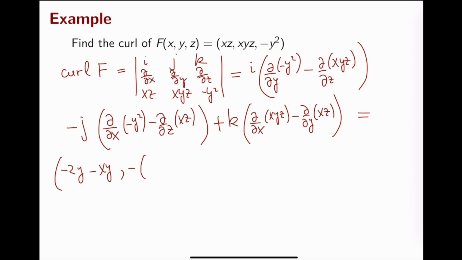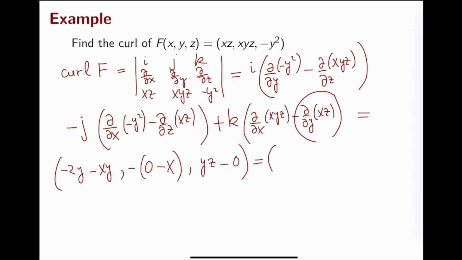The derivative of minus y squared now with respect to x is 0, right? Because y squared is constant with respect to x. Minus the derivative with respect to z of xz is going to be just x. Comma, the third component is this derivative. The derivative with respect to x of xyz is just yz, minus the derivative with respect to y of xz, which is just 0.